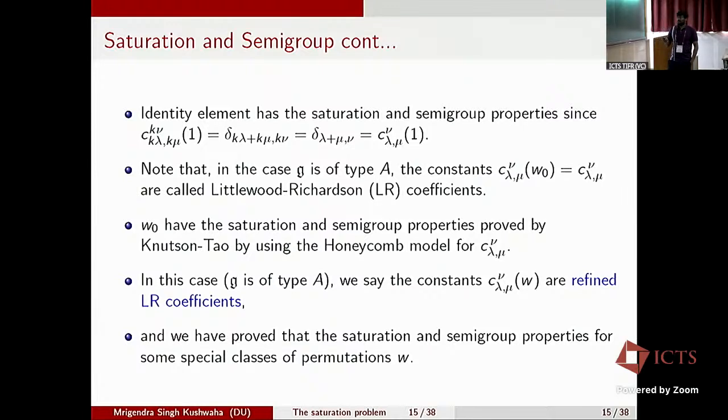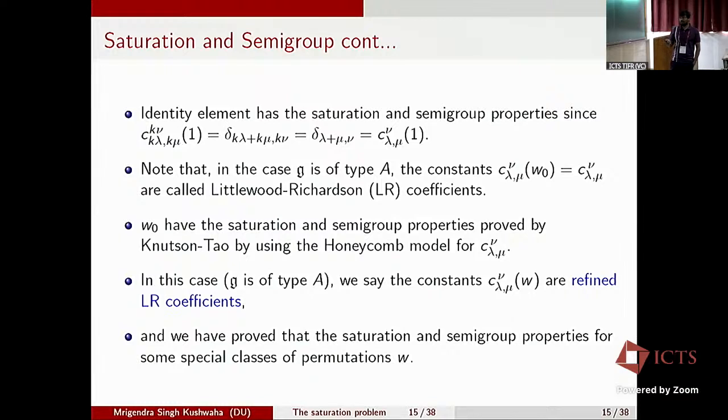And in the case when G is type A, these constants are called Littlewood-Richardson coefficients, and W naught has the saturation and semi-group property. This is proved by Knutson and Tao using their honeycomb model for C lambda mu nu. And in this case, we call C^{lambda, mu, nu}_W the refined Littlewood-Richardson coefficient.